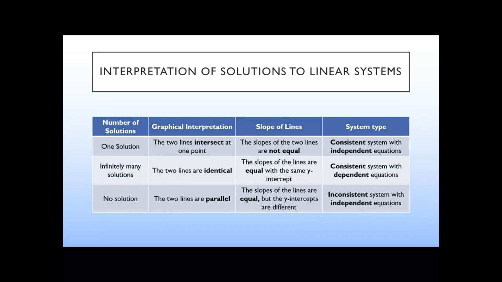Now, if you have no solution, we call it an inconsistent system because there's no solution. But the equations are still different, so they're independent. So we've got different types of systems, but you can determine how many solutions you have just by looking at it in slope-intercept form. Or you can graph the lines, and then you can see.